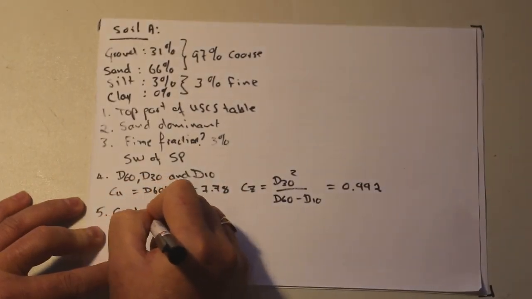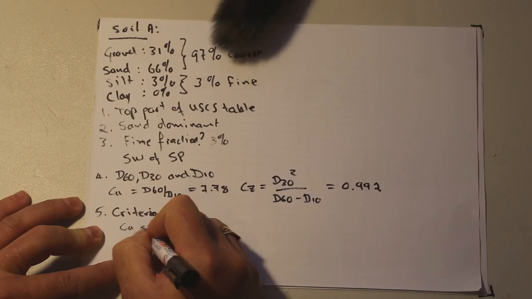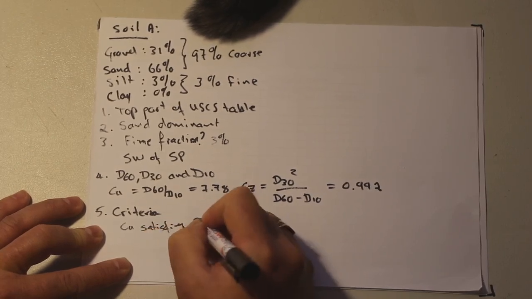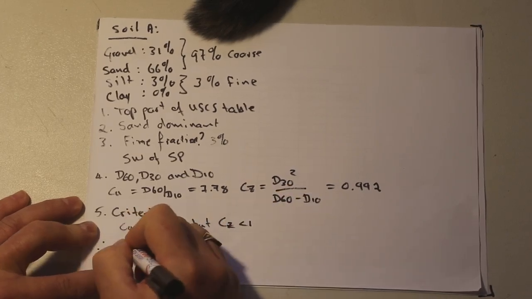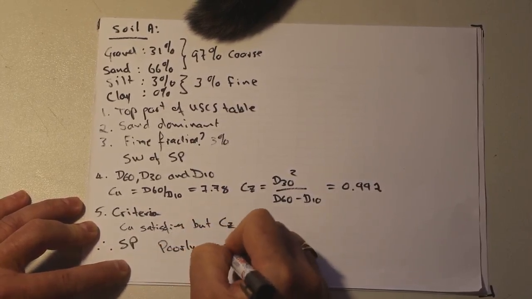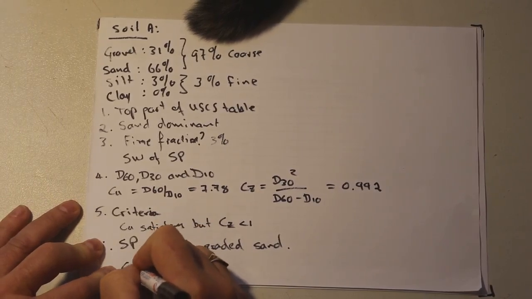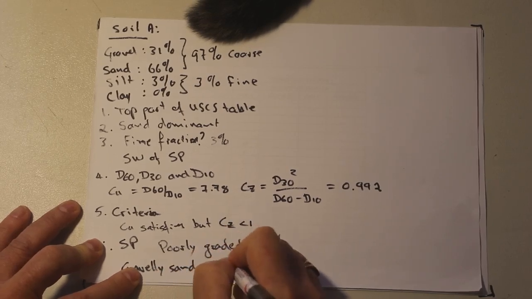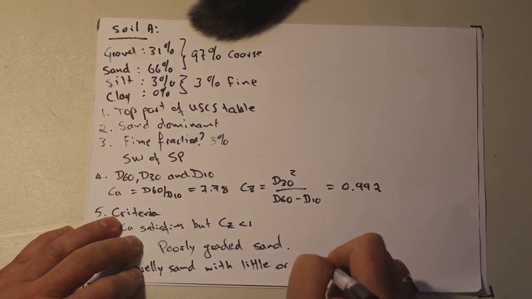If you look at the criteria then, CU satisfies, but CZ is less than 1, therefore it's an SP, poorly graded sand, or a gravelly sand with little or no fines.